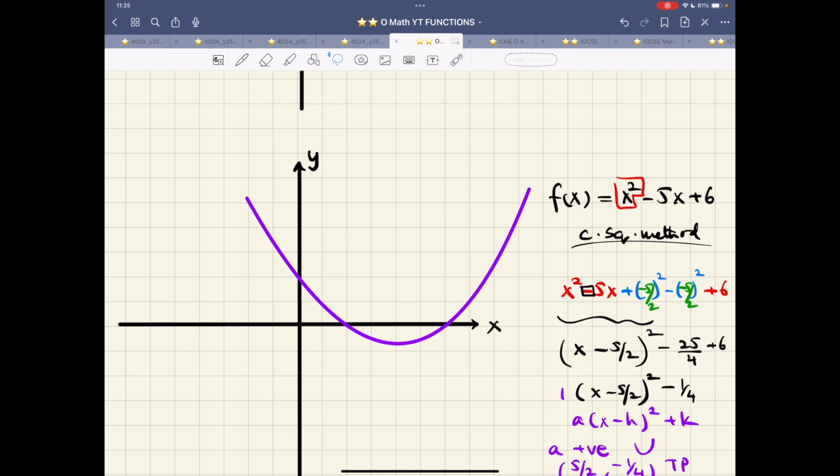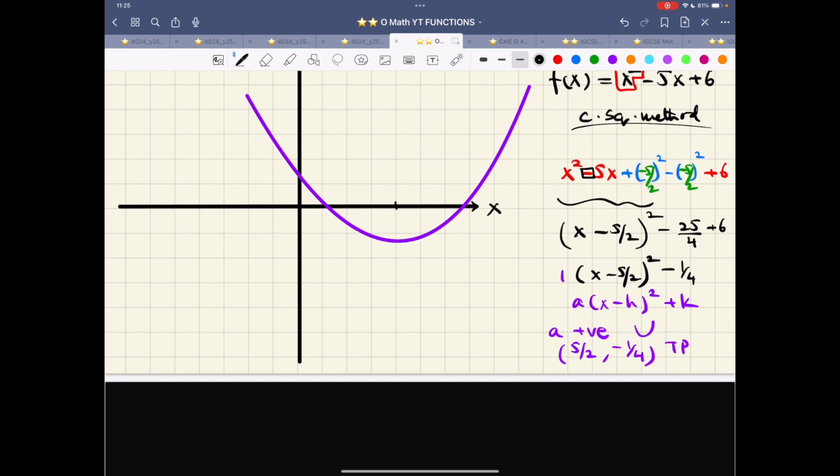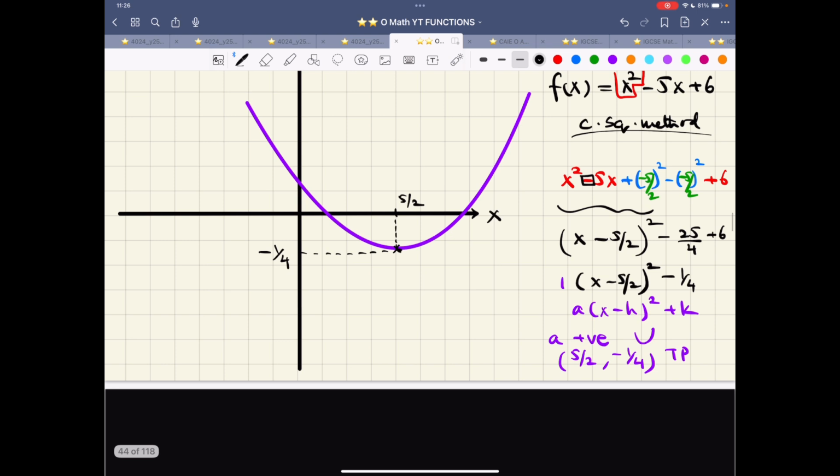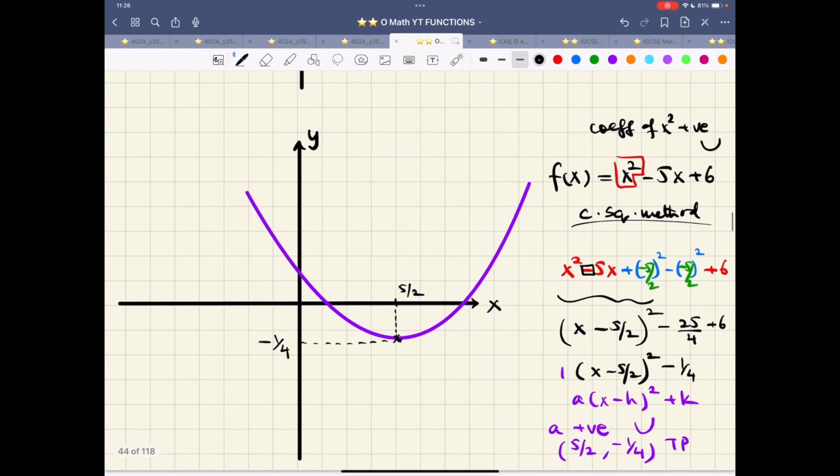And let me just push this down a bit. Let me mark a few points, that is 5 over 2. And let me just touch this thing, go this way. That's the coordinate minus 1/4. That is the shape. The coefficient of x square gives us the shape. Coefficient of x square is positive. That is the shape and the turning point.